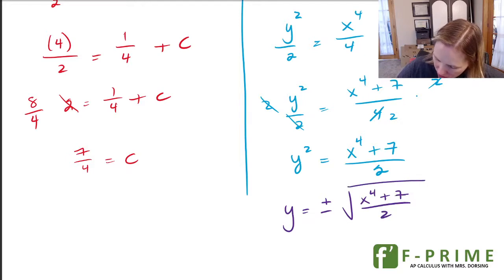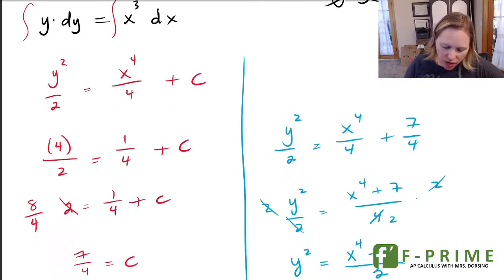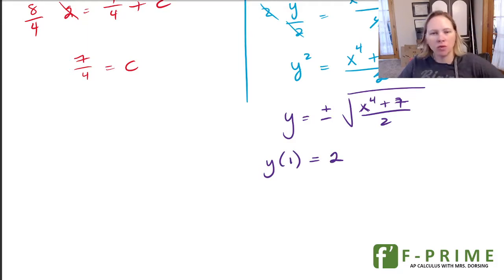Now, here's where it gets tricky. This says y equals plus or minus. But we also know a little bit of information up here. We're given an initial value, y of 2, or y equals 2 when x is 1. So let's take a little journey here. Let's do a little aside.